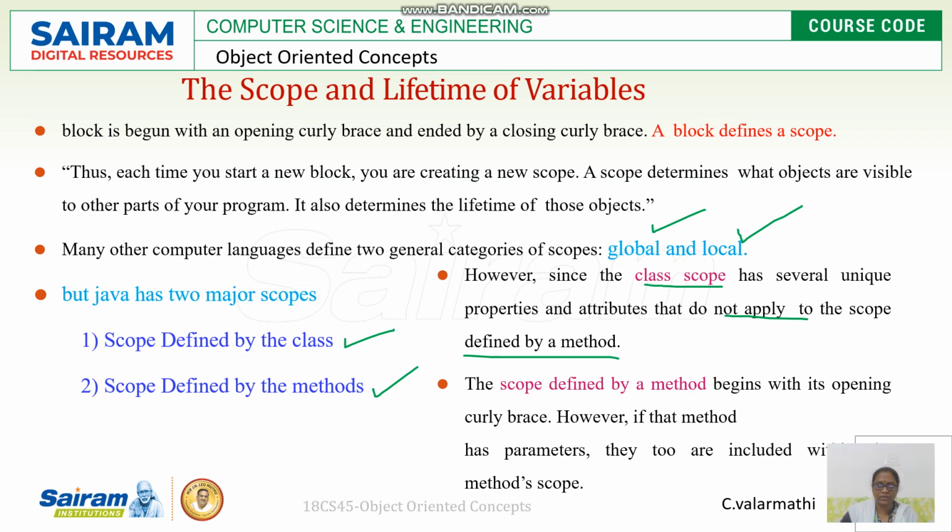If you declare a variable inside the class, it has those unique properties and attributes, but they will not be applied in the method. The scope defined by a method begins with its opening curly brace. So when you start the method, at that time only the scope will be open.